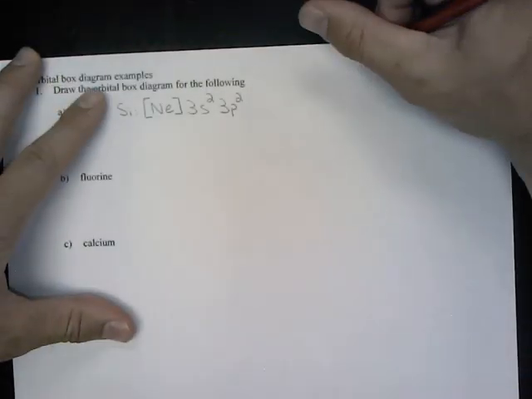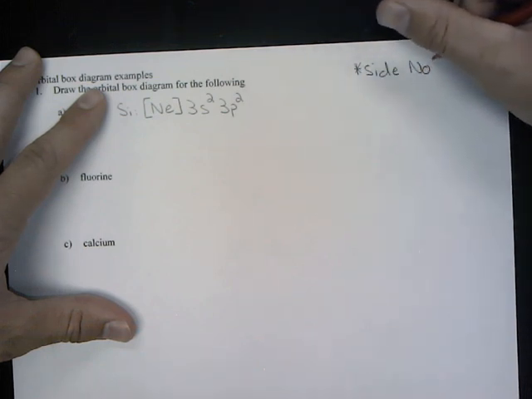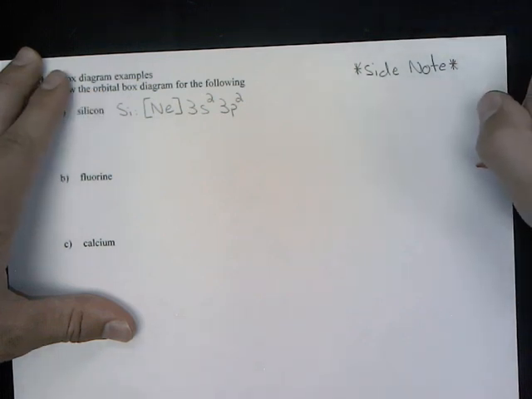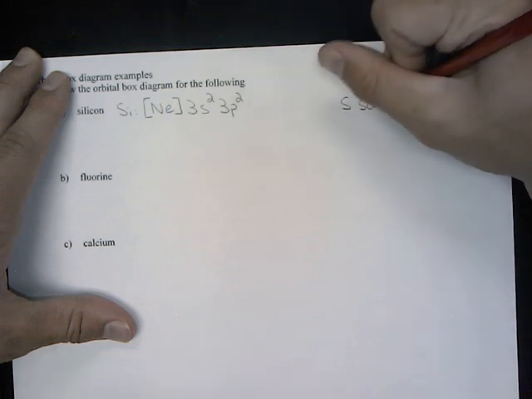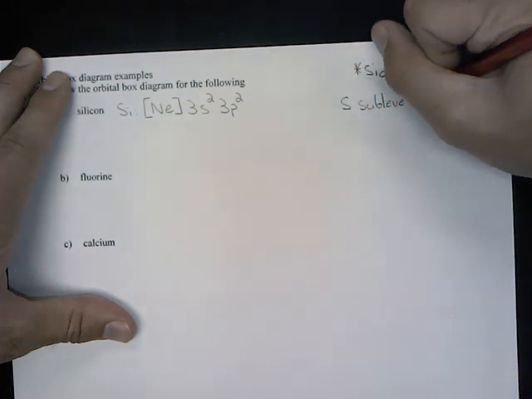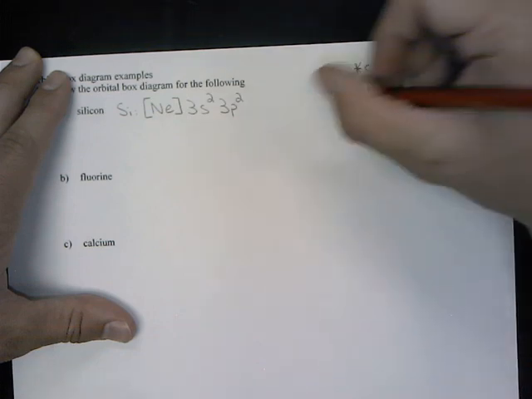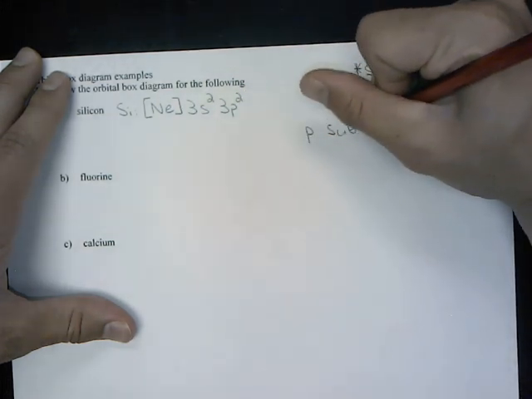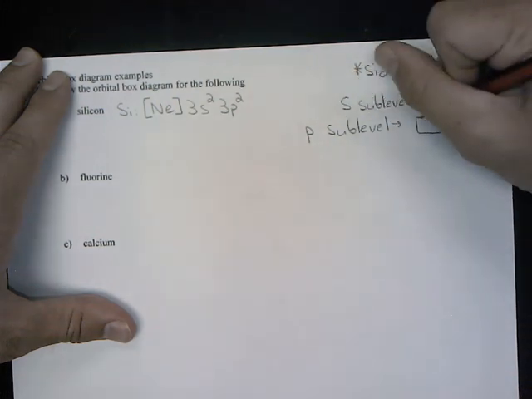Now we draw our orbital box diagrams. I want to have a little side note: each sublevel has a distinct number of boxes. An S sublevel is going to have one box. A P sublevel is going to have 3 boxes or 3 orbitals.